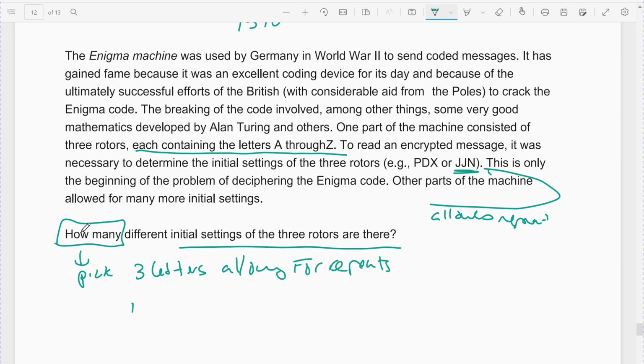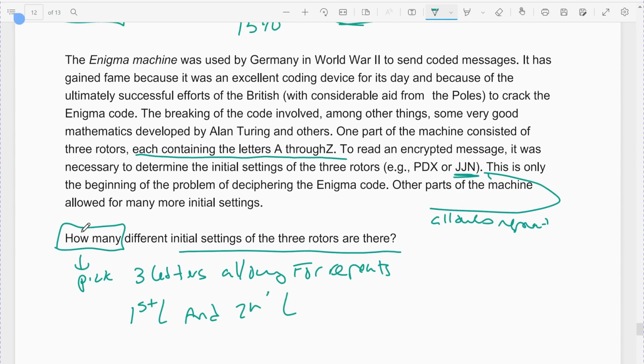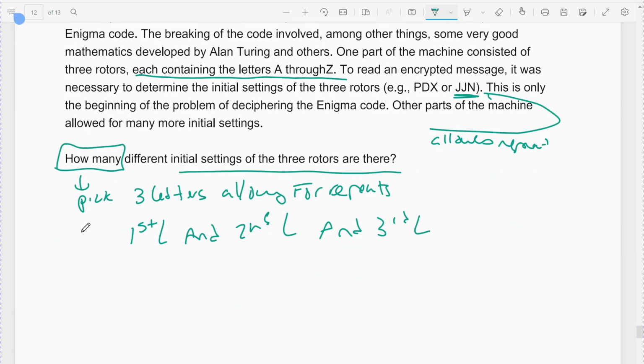Well, we have the first letter and the second letter and the third letter. There are a total of 26 letters in the alphabet, so there are 26 choices for the first rotor, and there are still 26 for the second because we allow repeats, and 26 for the third.